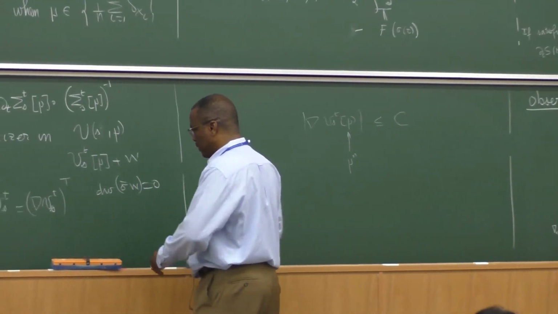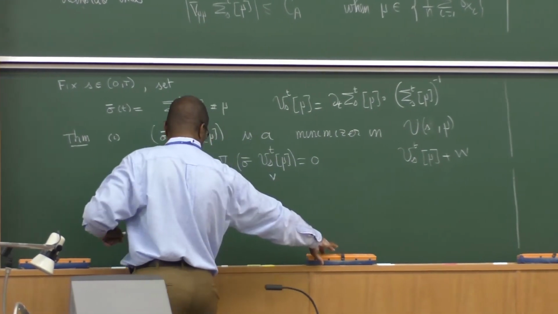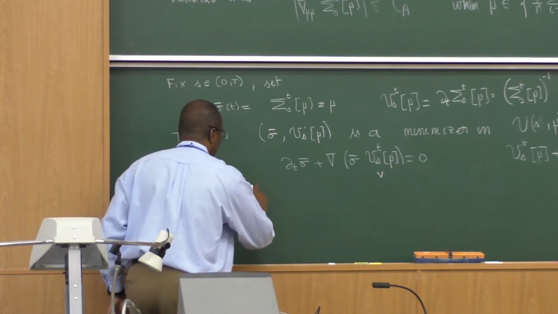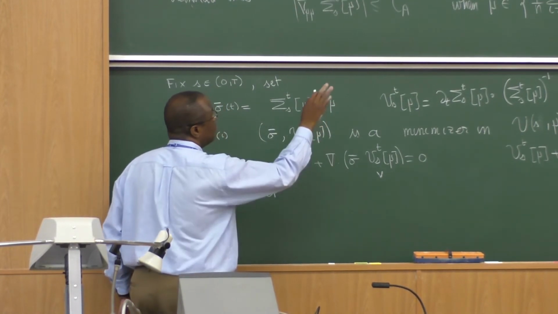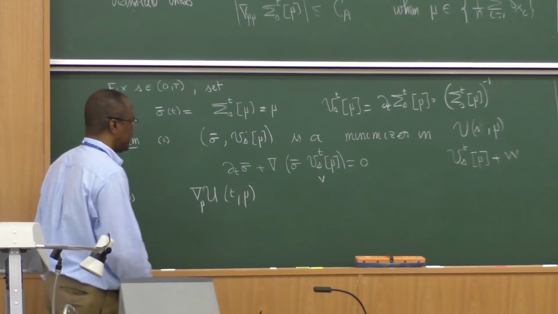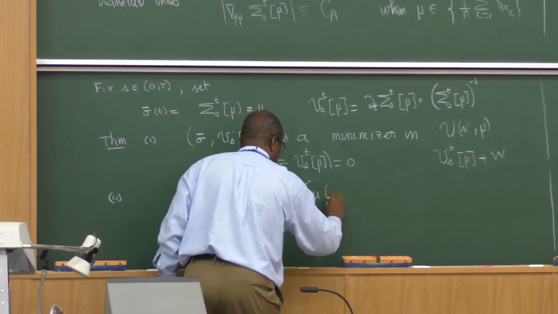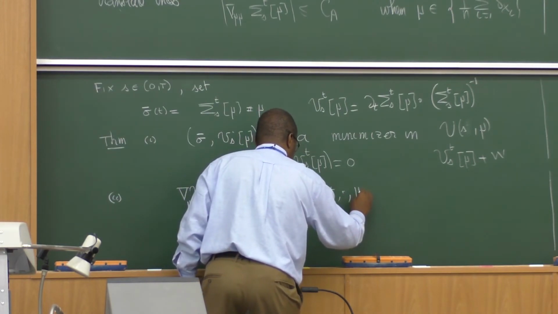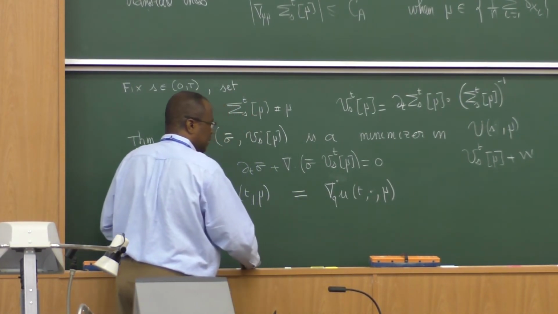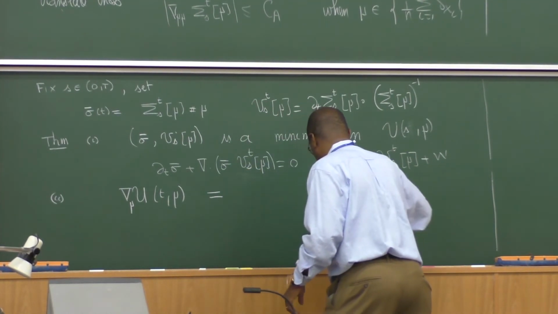One other thing which is interesting to observe is we prove that if you compute the gradient of this value function with respect to the Wasserstein metric, and you compute the gradient of the solution of the master equation at mu, then these two things are the same. So how do you prove that?